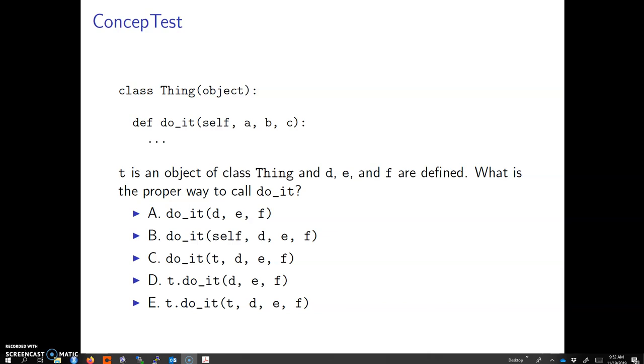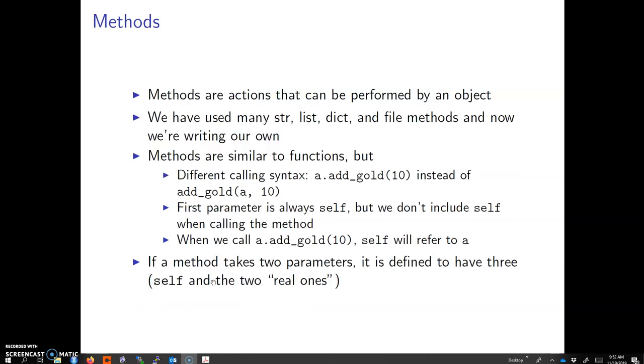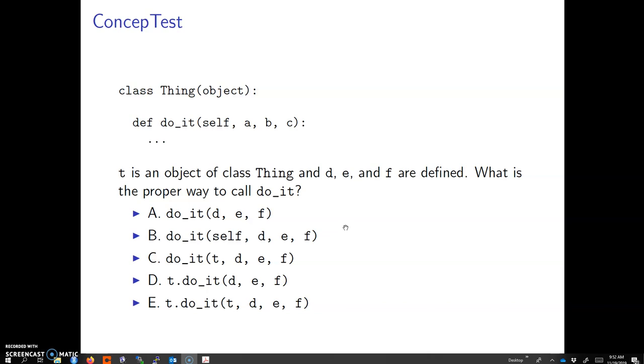Okay, well, let's go through a few rules, thinking back on the slide. First of all, we don't include self when calling a method. So which one of these does that rule out? B, right? We never call self. So B's out. Process of elimination here.